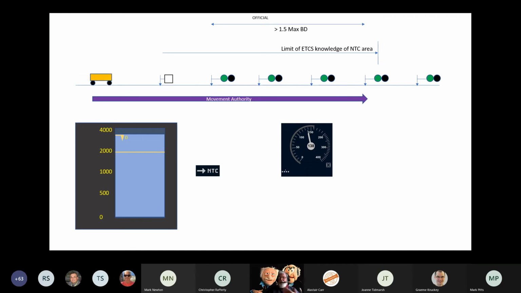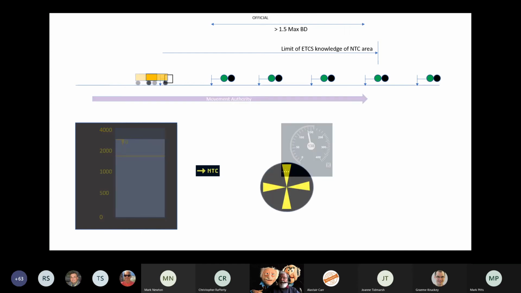As the train proceeds, the announcement is sent to the train, so the driver gets on their DMI an indication that they will be entering level NTC at some point in the future. As they get closer, the display will be updated with the planning area, but still no need to start braking.